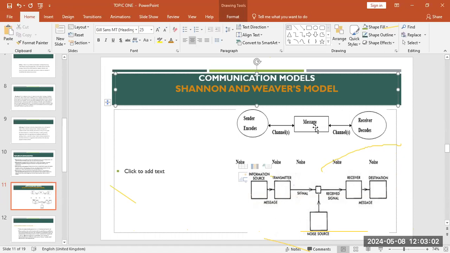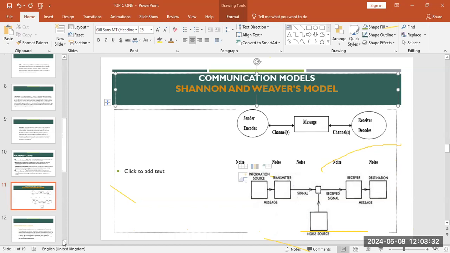If you are using a phone that has very poor network, you may not be able to understand one another. So noise can be on anything. It can be on the source, the receiver, the sender, the path that is the channel, the message itself. It can be from anywhere.